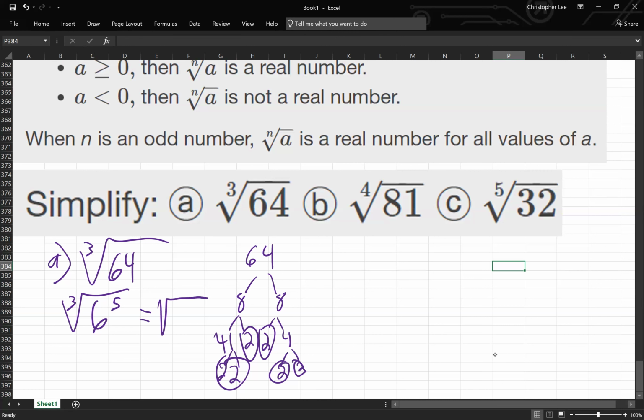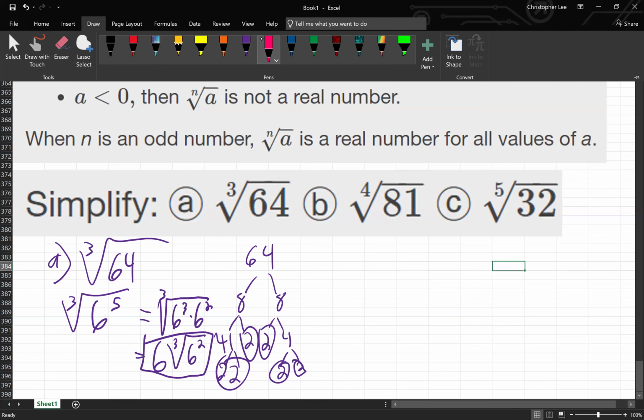This I can break up into the cube root of 2 to the third times 2 to the third, bringing out the 2s. This would be my answer. A little complicated, but not so bad.